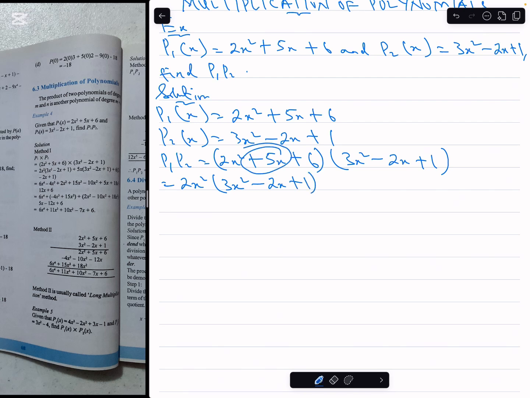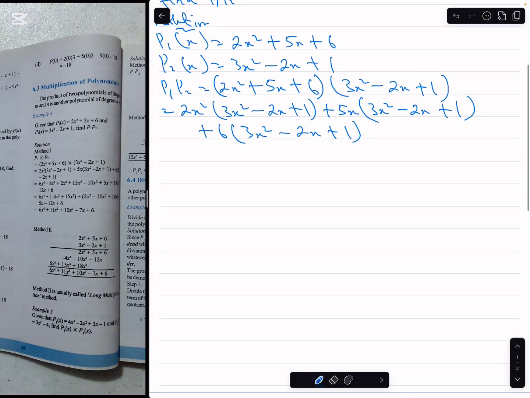We pick the next term, which is plus 5x, and multiply that by the whole of p2, which is 3x squared minus 2x plus 1. And pick the last term, which is plus 6, and multiply by the whole of p2, which is 3x squared minus 2x plus 1. And now we can open the bracket.